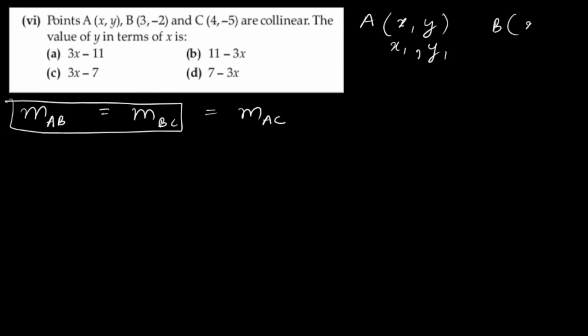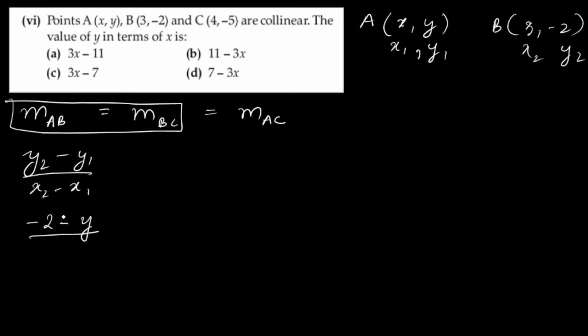B's coordinates are 3, -2, which we write as x2, y2. Slope of AB equals slope of BC. The slope formula is (y2 - y1)/(x2 - x1). So y2 is -2 minus y, over x2 is 3 minus x.